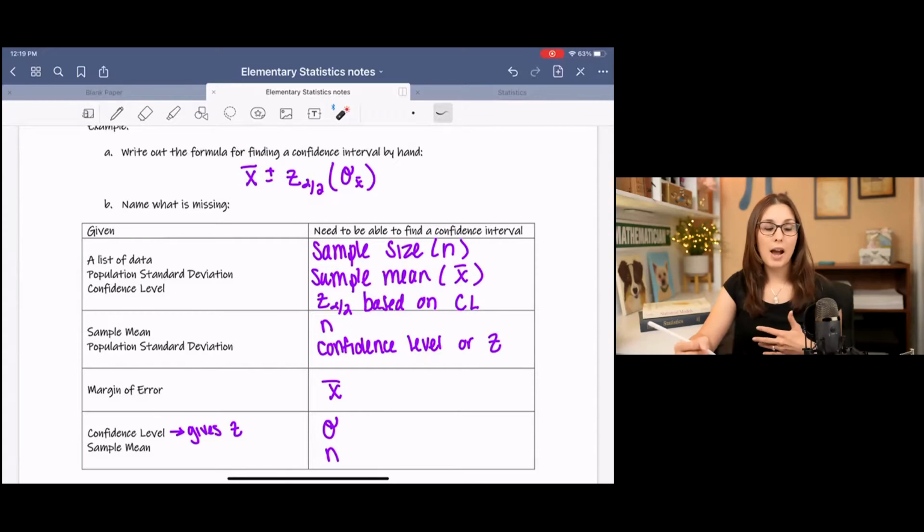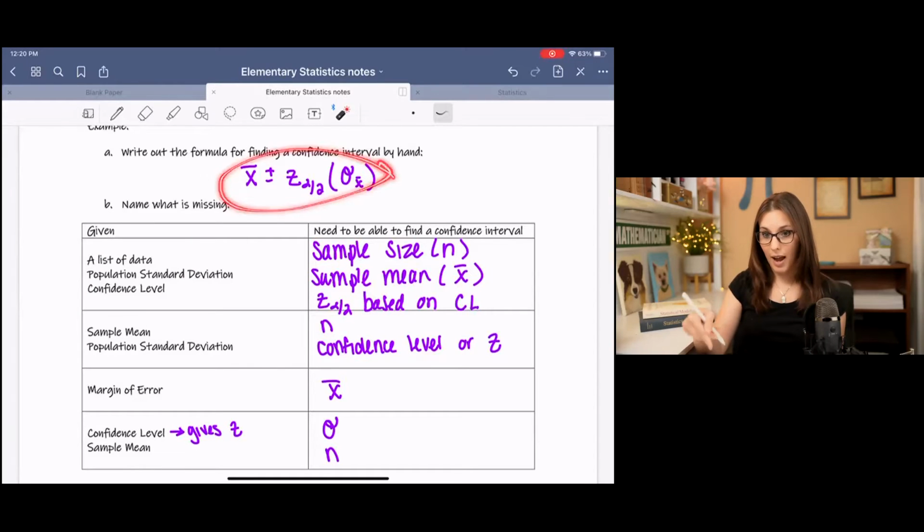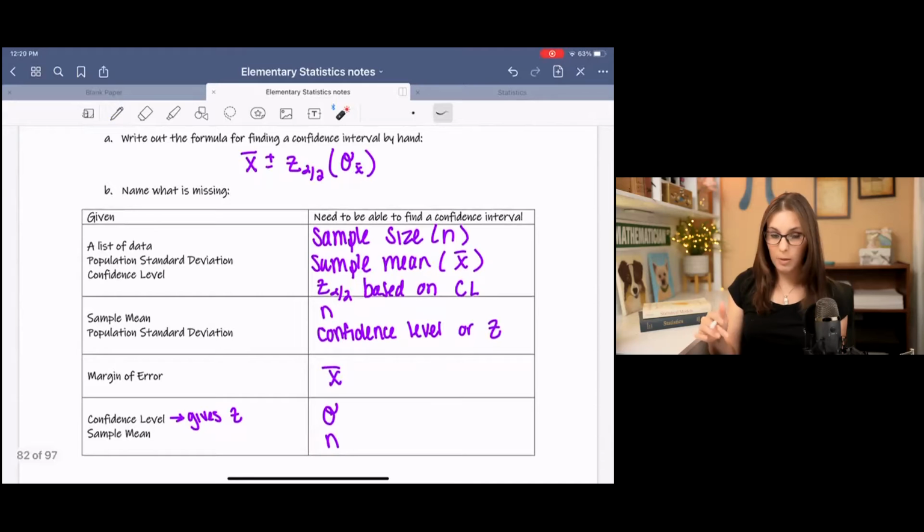So you may be asked to do something like this in your homework. You might be given just this information, and with that information, you have to be able to build that. And so you have to know what's missing. In the next one, we have the sample mean and we have the population standard deviation.